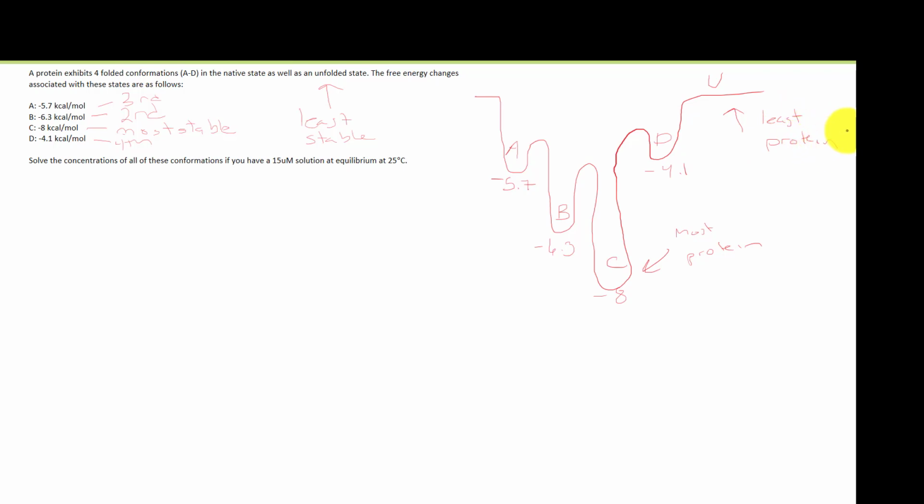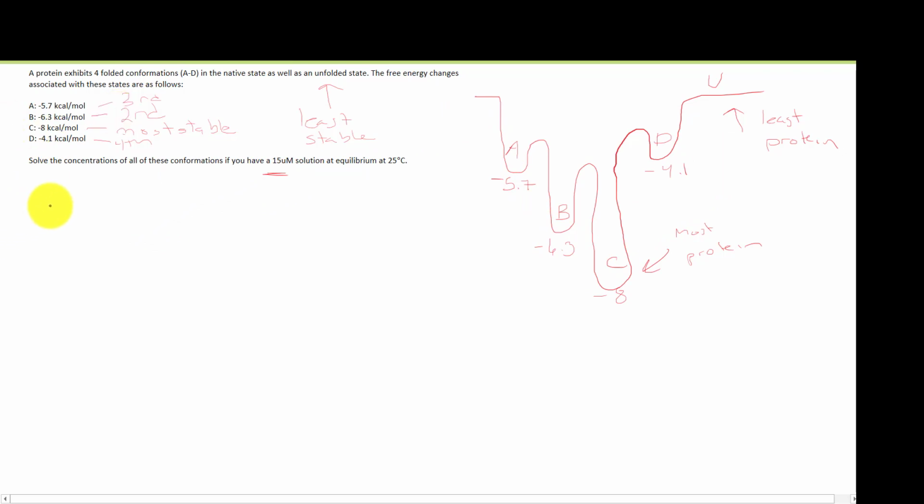Okay, so how are we going to go about solving this? It's a slightly involved process, but it's not hard, it's just some algebra. One thing we need to keep in mind is that we have a 15 micromolar solution, and that's going to be the sum of all the conformations.